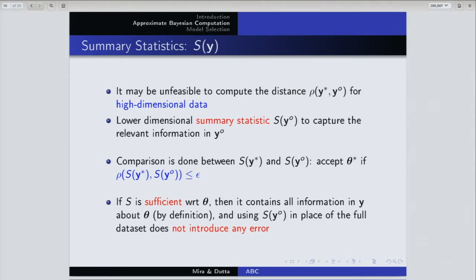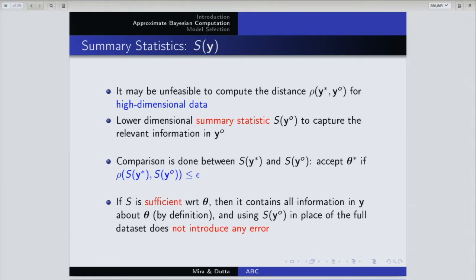Now, knowledge domain experts might have, and typically do have, opinions on what are the summary statistics that are relevant for making inference in their domain of expertise. So we summarize the data, both the simulated data and the observed data, and the comparison between the distance is done based on this summary statistics S. So instead of using this quantity, we will use this quantity.